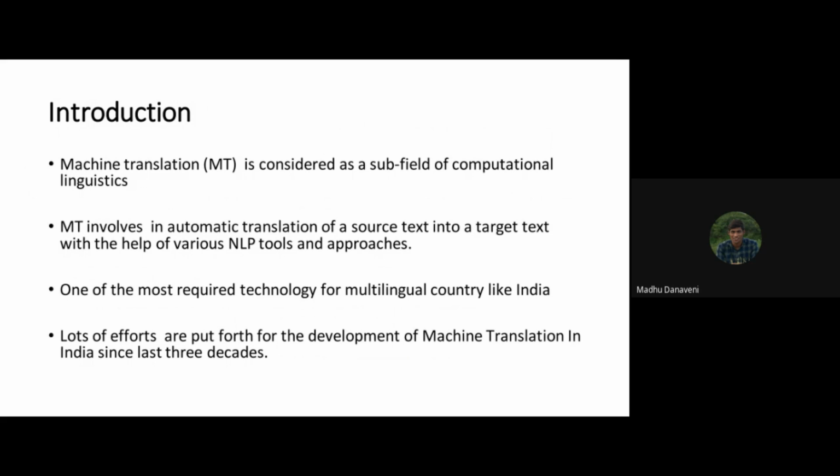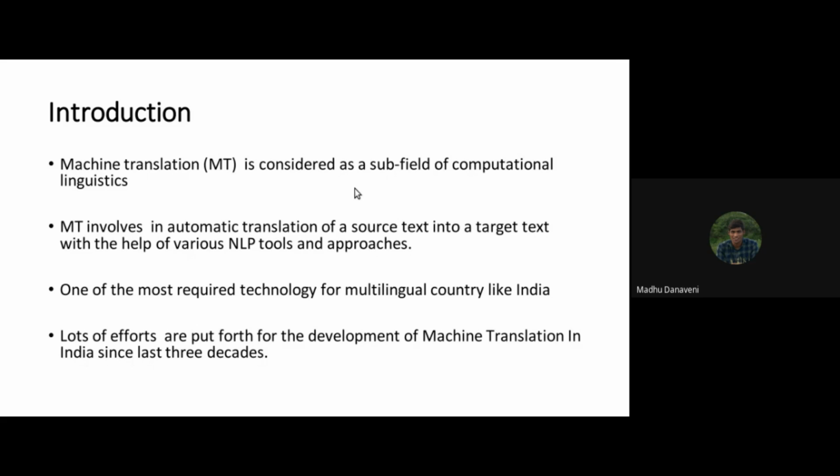Here's the introduction. Machine translation is considered a subfield of computational linguistics, and it majorly comes under AI. MT involves the automatic translation of source text into target text with the help of various NLP tools and approaches. It is one of the most required technologies for a multilingual country like India, because being a multilingual country, there are so many dialects.